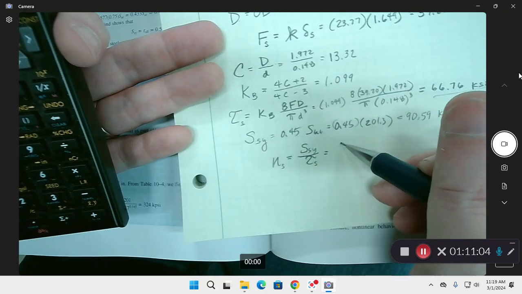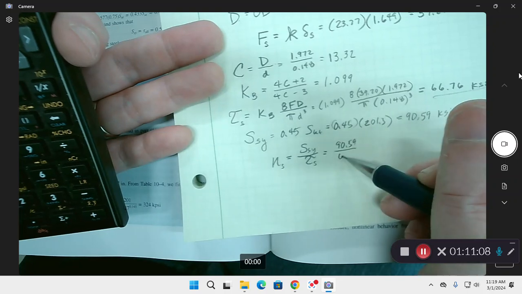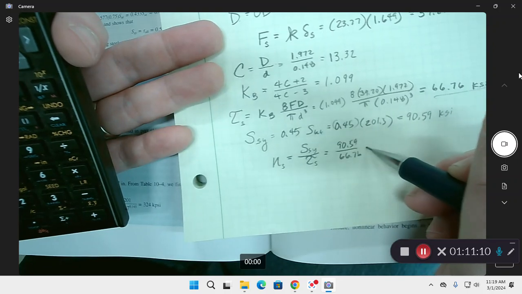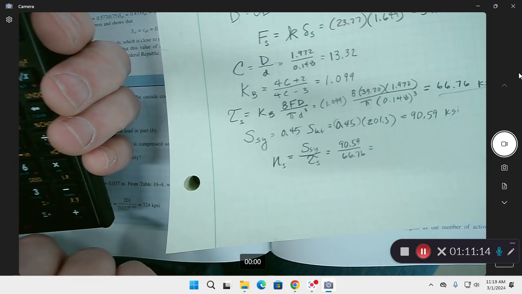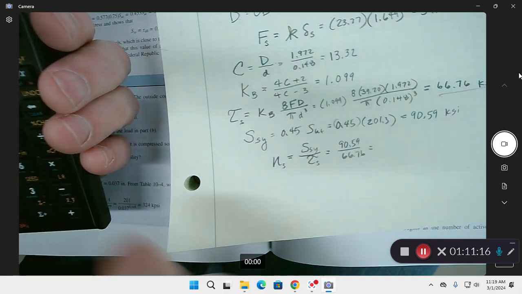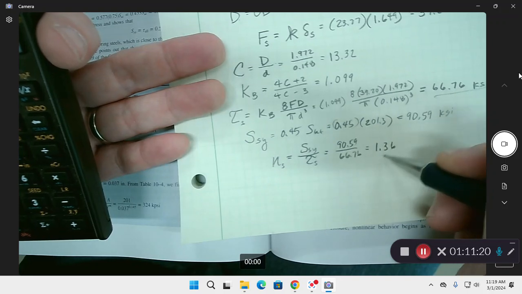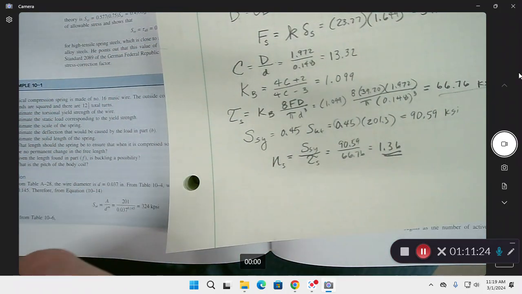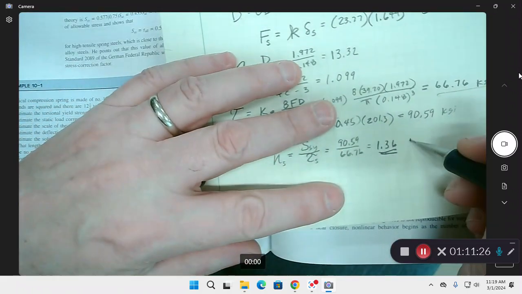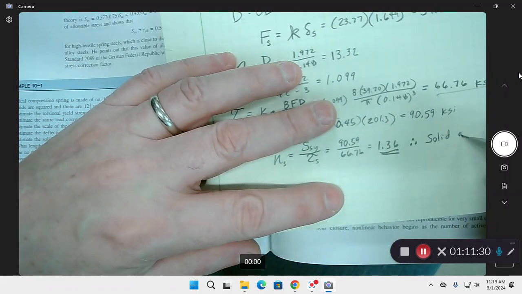So we would do 90.59 divided by 66.76. And I think we're going to be fine, 1.36. So I think it's solid safe. We could declare, therefore, solid safe.